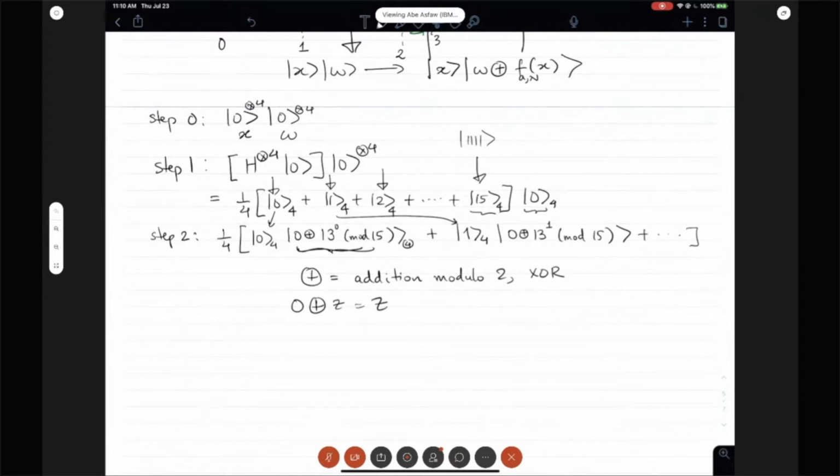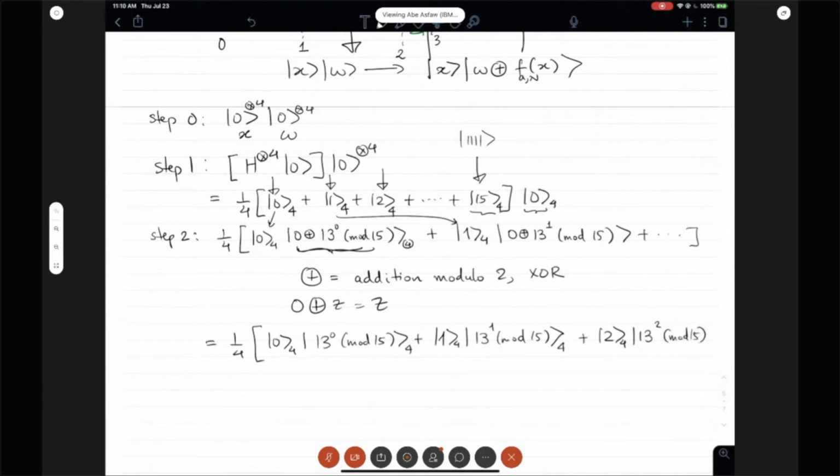So I'm going to write things down a bit more explicitly: 1 over 4, that first term is 0, 4, 13 to the power of 0 mod 15, plus 1, 4, 13 to the power of 1 mod 15. Remember to put the 4s down here. Then 2, 4, 13 to the power of 2 mod 15. Again, 4 qubits, and so on.